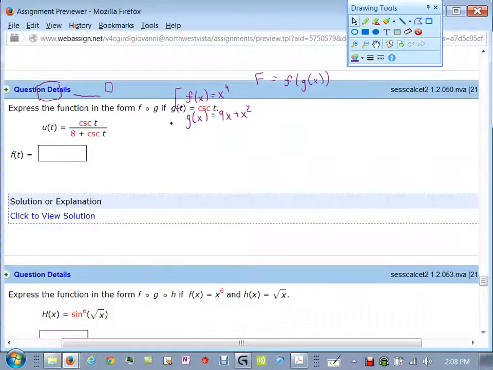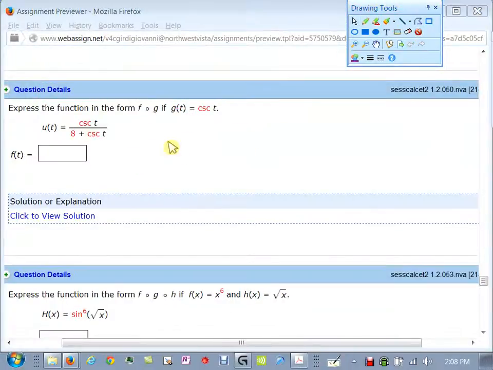Another one of these. All right. We want to treat g as cosecant t, and we want to look at the u here as being f of g of t. So if this in here is going to be my g, and this is my g, then my little f of t should be, I need that g to be up there, so I'm going to replace that t with g.